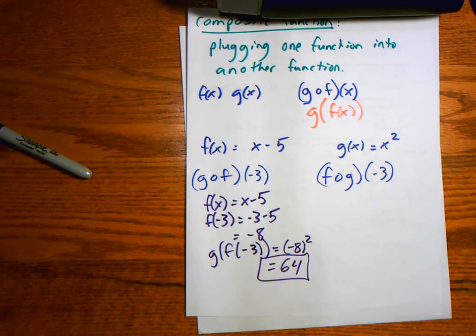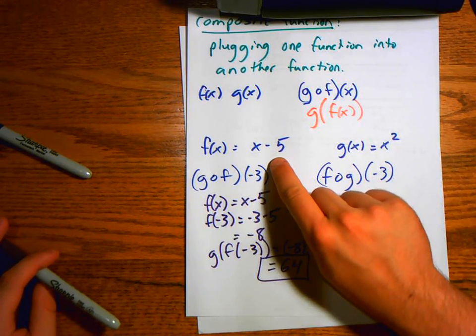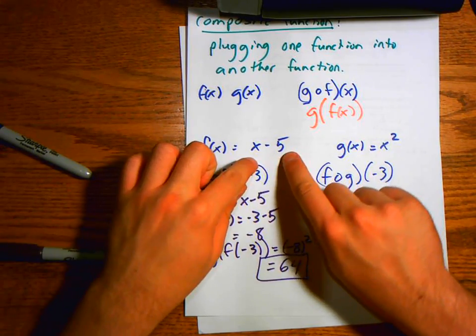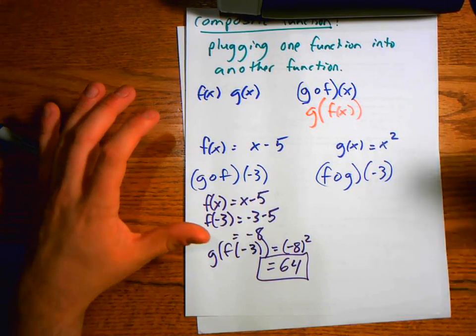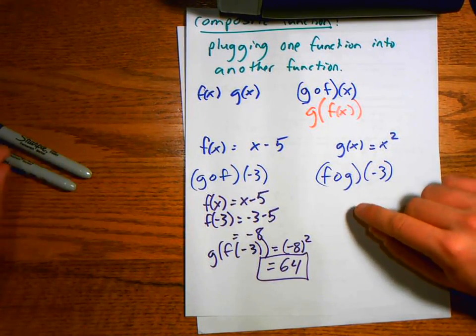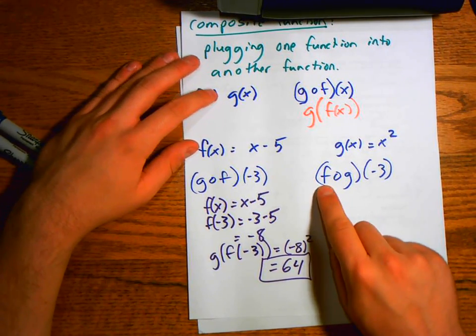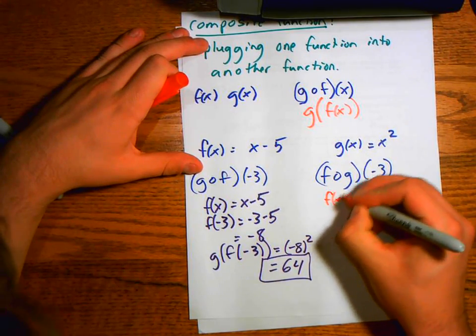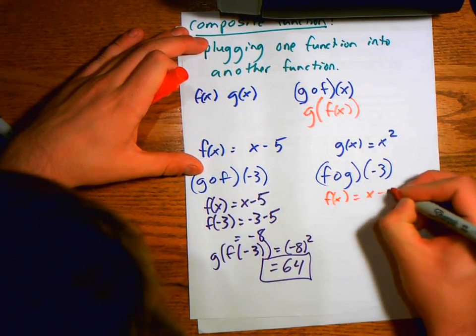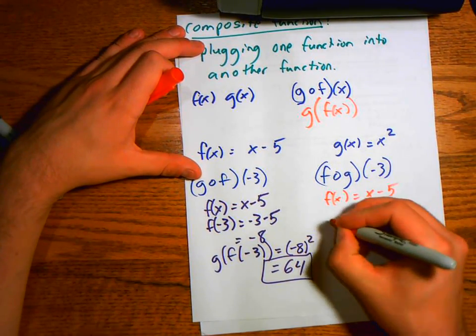Okay, if you would prefer, there is another way to do it, which I'm going to show you in this example, where we can take the f of x function and plug this entire thing into our g of x, wherever we see an x, and then plug in a 3 from there. So if we do it that way, going backwards, plugging the g into the f of x, that means we have our f of x function, and wherever we see an x, we're going to plug in our g of x.